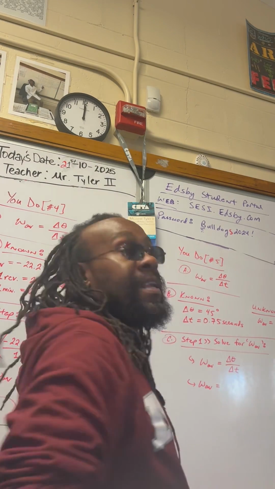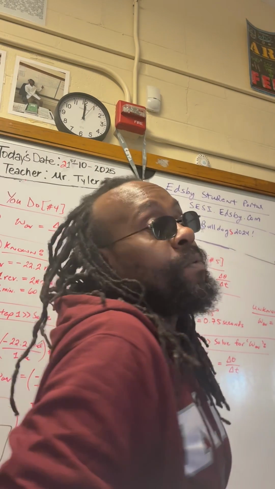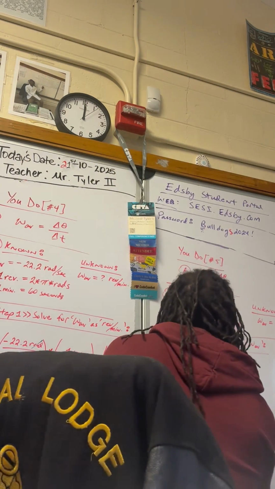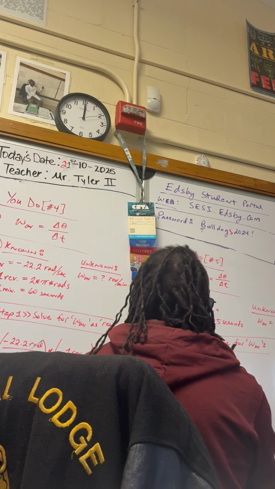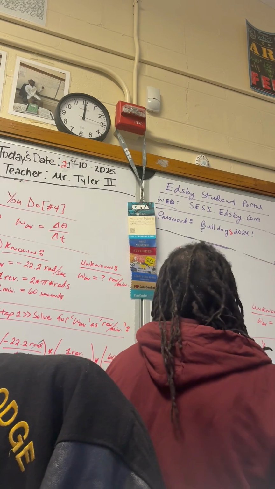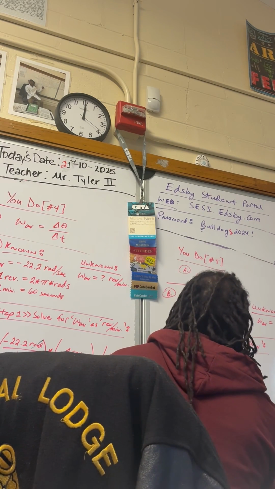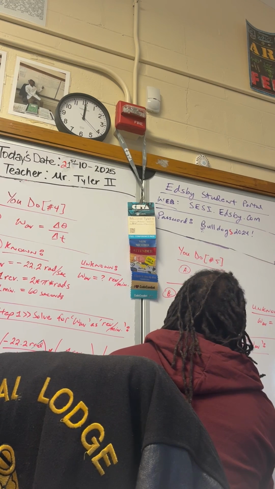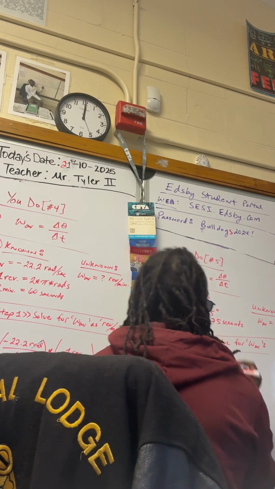Well, look at the problem. Is it clockwise or counterclockwise? It does not say. So we're going to assume it's going clockwise. So that's a negative. And, well, we can't say negative. We got to say delta. I'm doing it wrong. Delta this is this. So that's 45 degrees. And then that's divided by this.